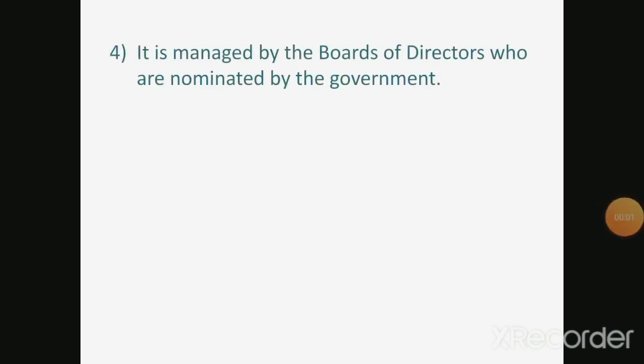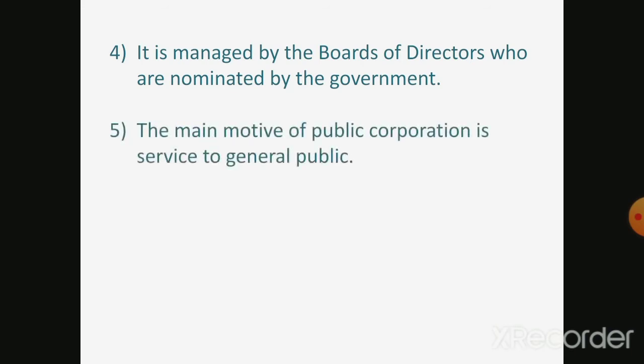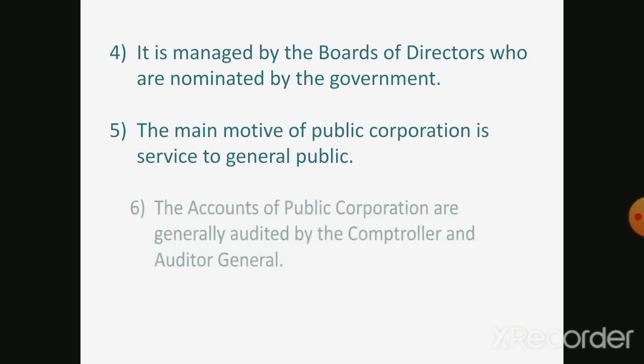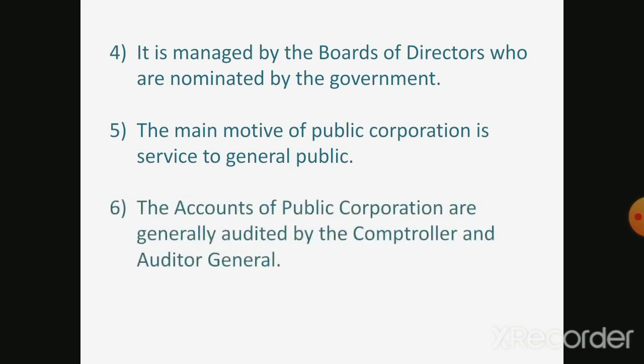Next feature is it is managed by the board of directors who are nominated by the government. The main motive of public corporation is service to general public. The accounts of public corporation are generally audited by the comptroller and auditor general. Or we can say these are generally audited by CAG.